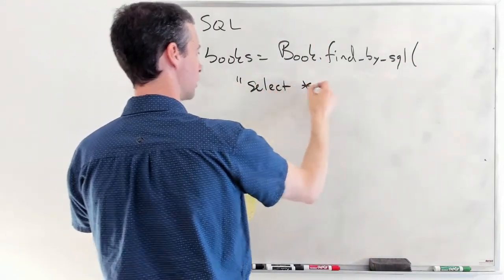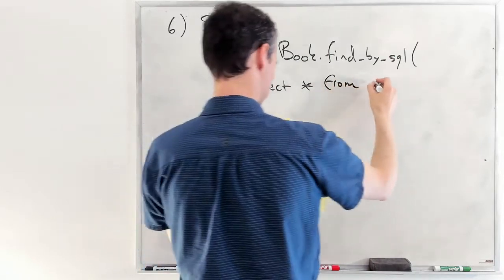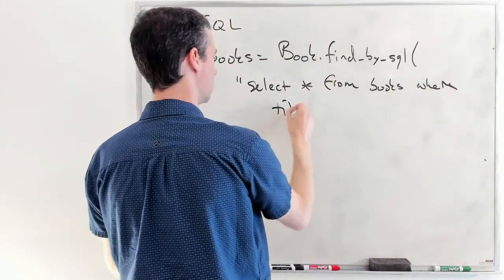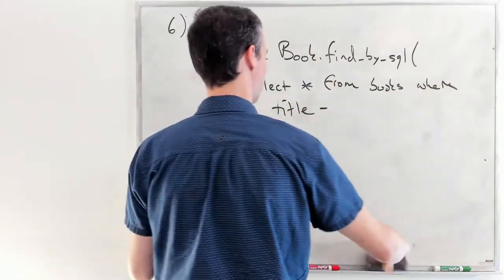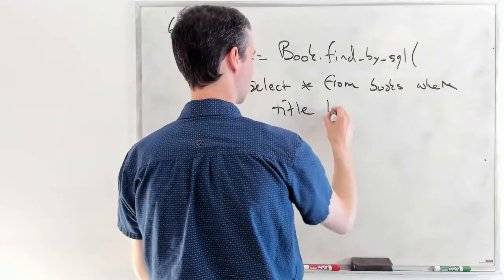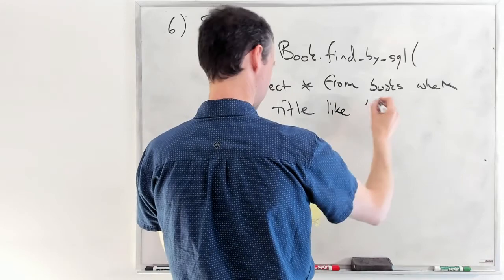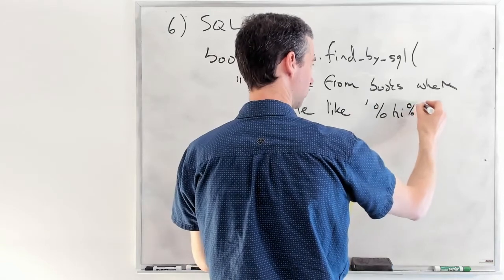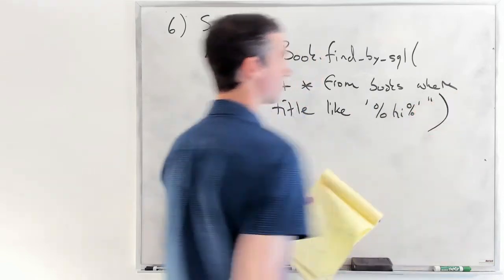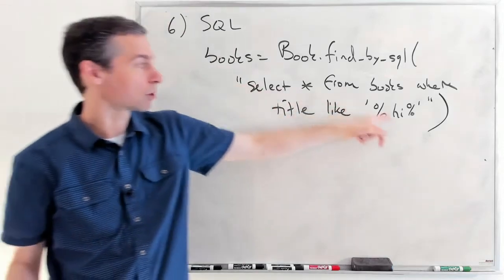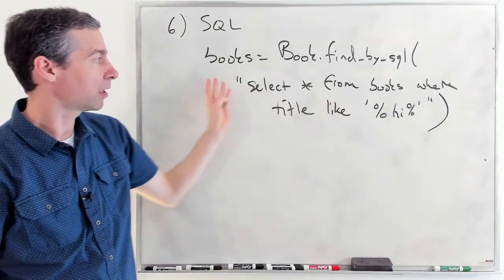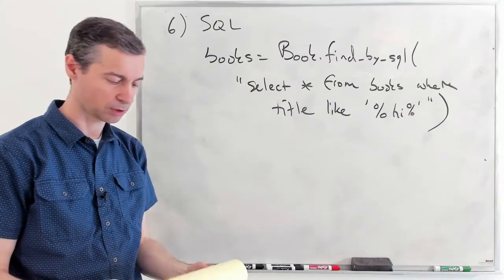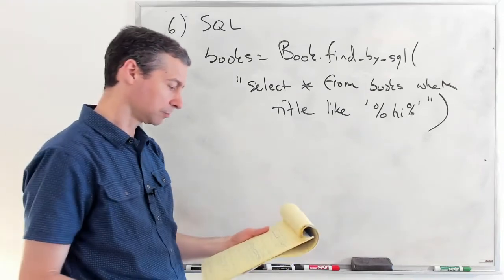It's always a select star from books where title, let's say I want to do a like, I want to find books that have the phrase hi in them. Okay. So you can do this. If you're more comfortable with it, a lot of times you just go ahead and do this, and this will then get you all of those books. Great.